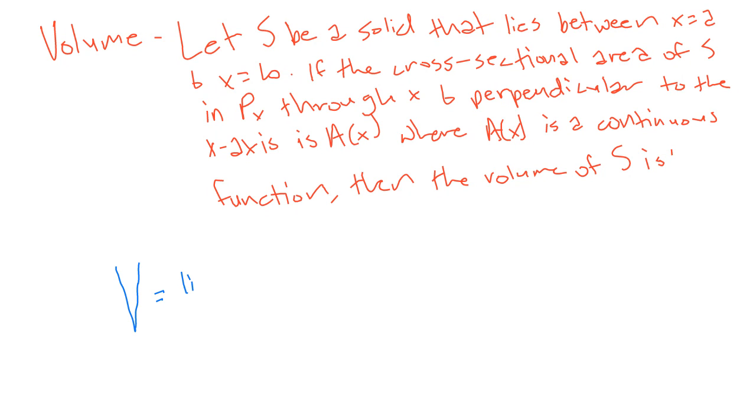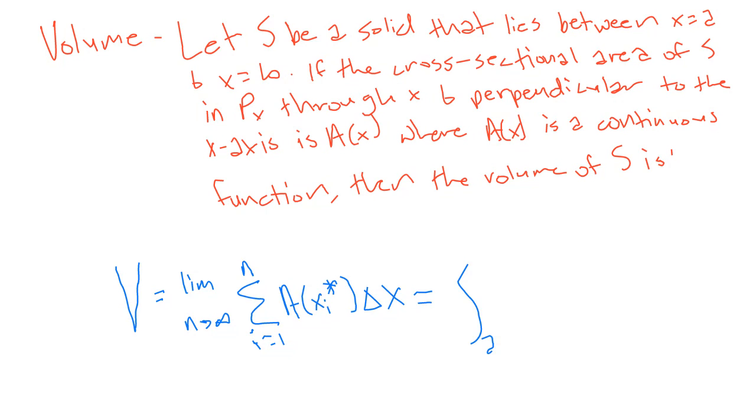So V is equal to the limit as n approaches infinity of the sum as i goes from 1 to n of A of x sub i times delta x. And once again, like what we did with area, we were able to convert that sum into an integral. In this case, we can integrate from our bounds a to b of A of x dx.